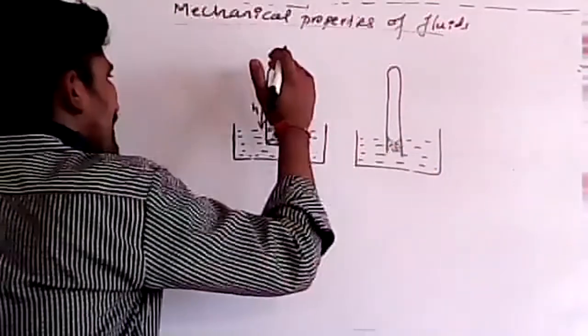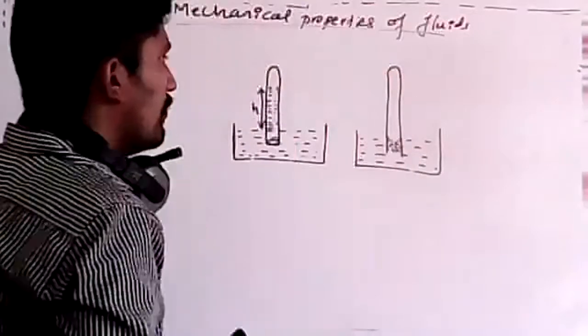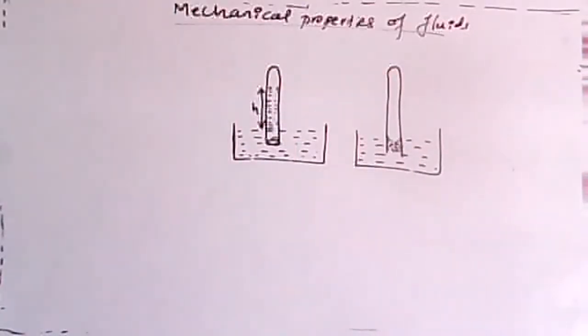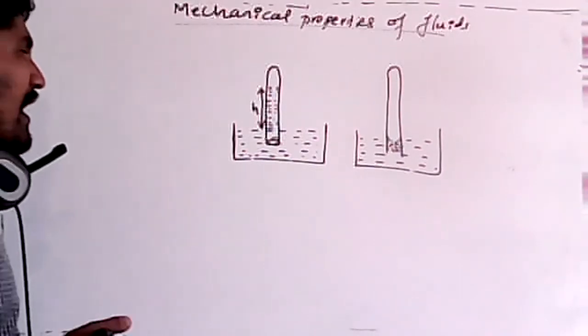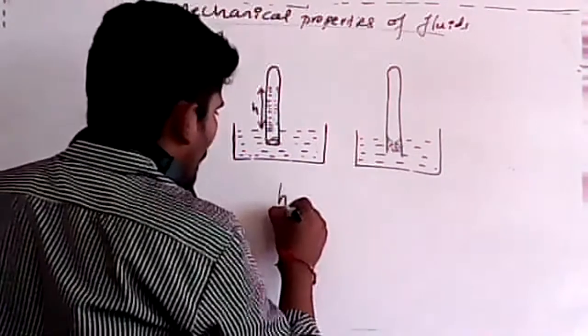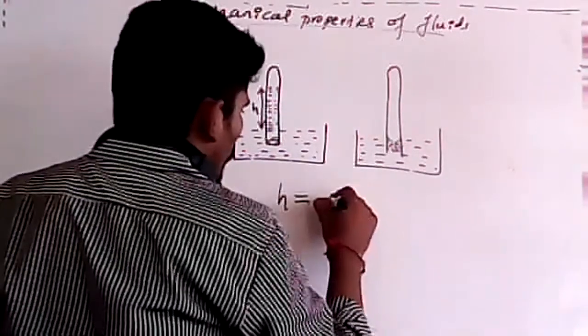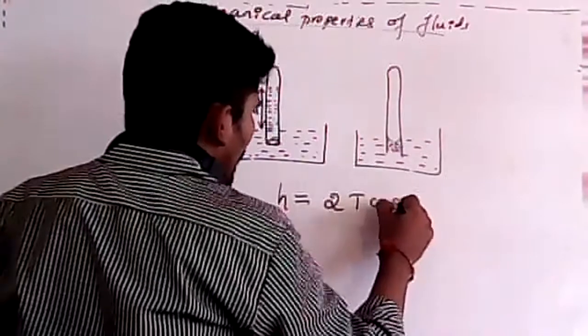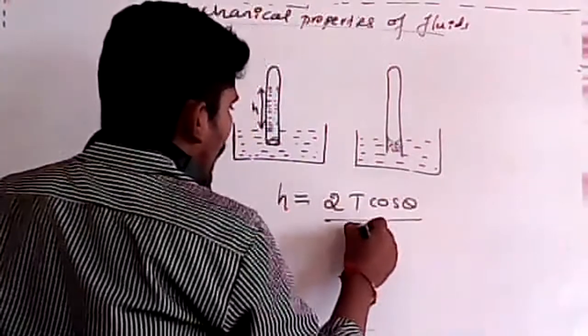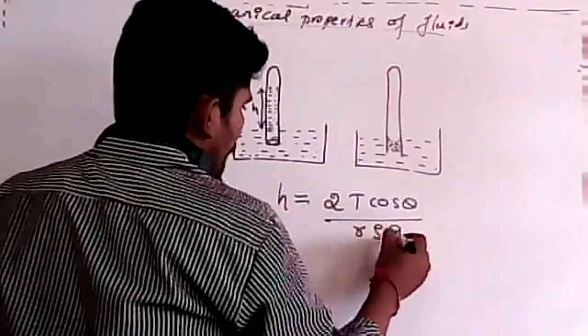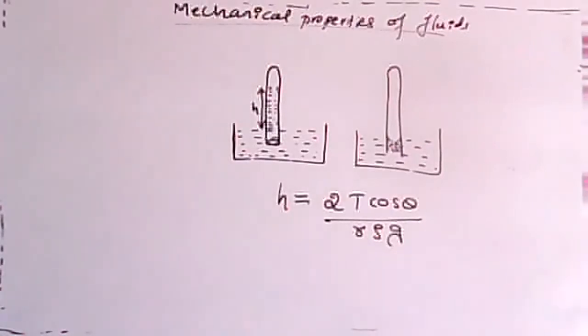The rise and falling phenomenon due to surface tension is known as capillarity. We already discussed these things, and one formula, that is h is equal to 2T cos theta divided by r rho g. We already discussed this yesterday.